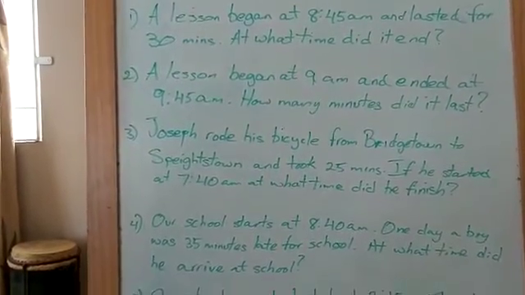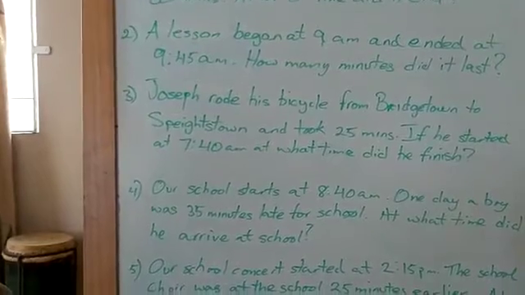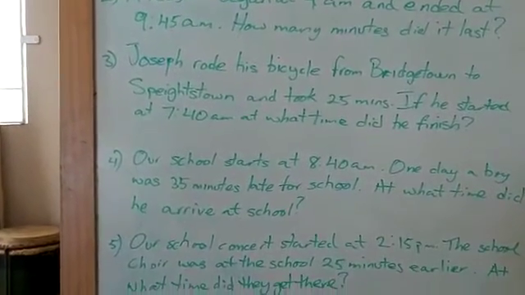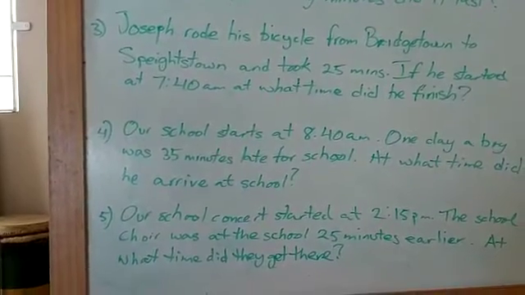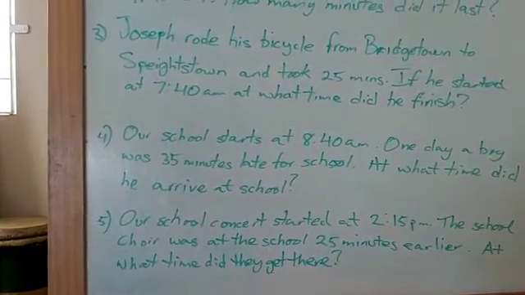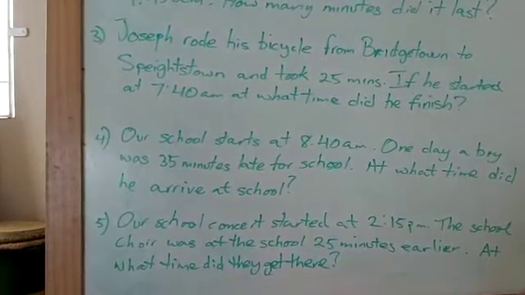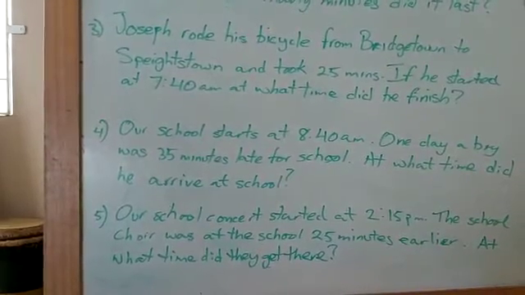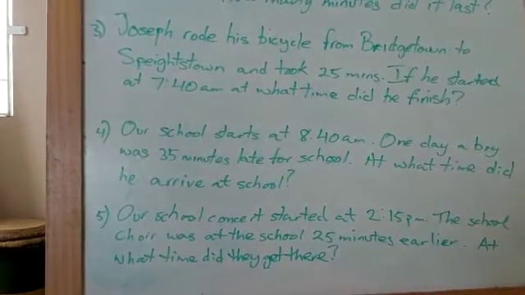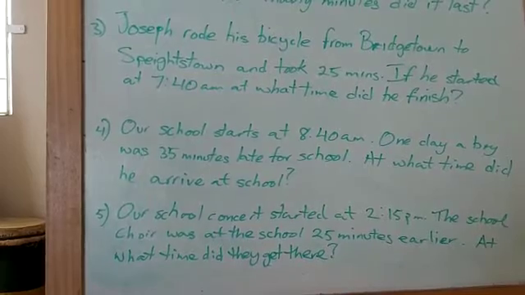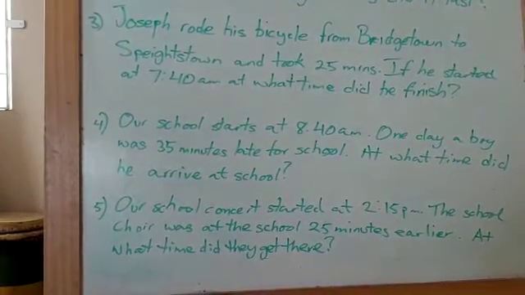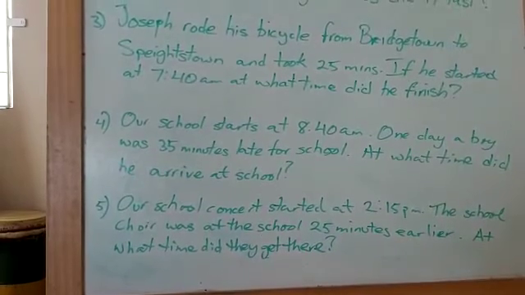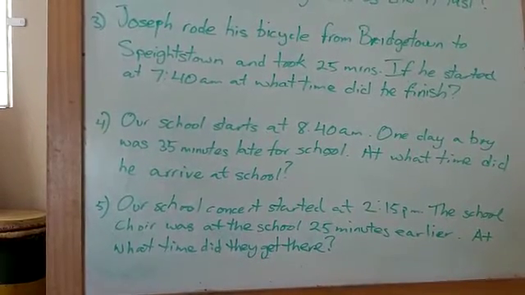Number 4. Our school starts at 8:40 a.m. One day a boy was 35 minutes late for school. At what time did he arrive at school? Number 5. Our school concert started at 2:15 p.m. The school choir was at the school 25 minutes earlier.